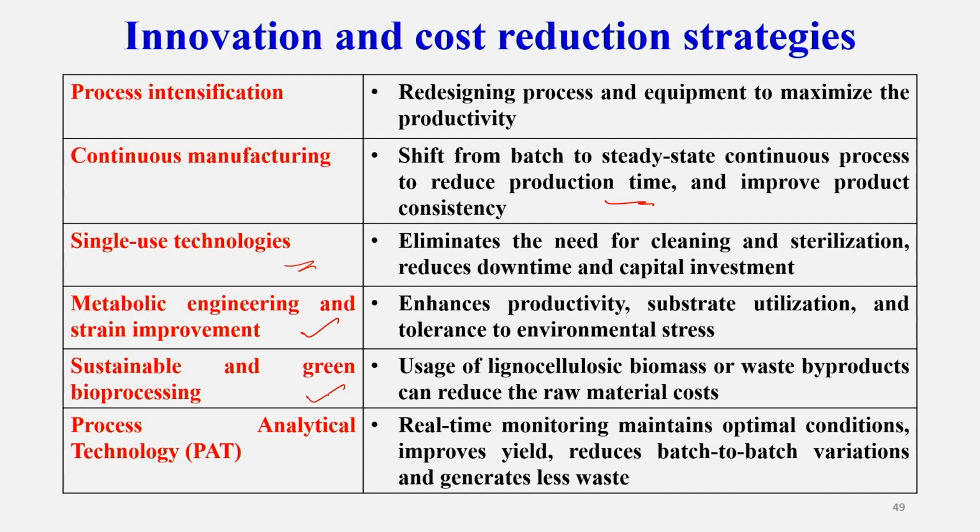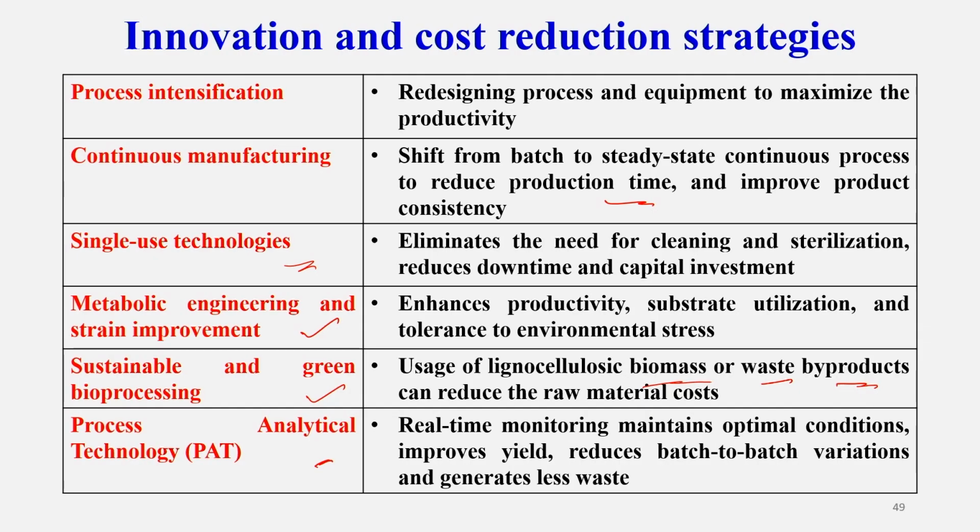Then we say sustainable and green bioprocessing. So we should try to shift towards renewable bioresources, like one can go with substrates which are natural resources, or they are waste or byproduct from other processes, for example glycerol. Then process analytical technology.